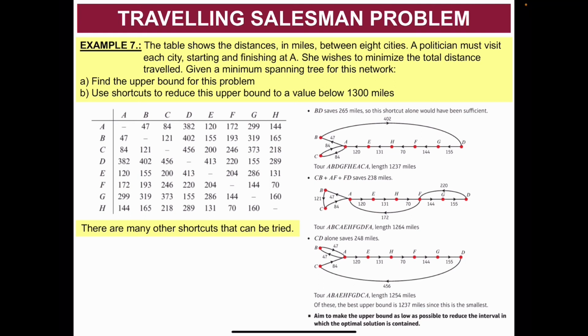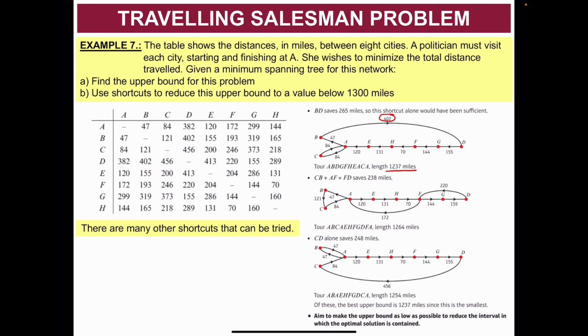So for example, in the first one, I can go from D, I can go directly to B, or from B to D. Okay? What will add first more, because it will add 402, but it will help me save at the end. When I'm going to look at the final length, it will be 1237, what is additionally 17 miles that I saved.